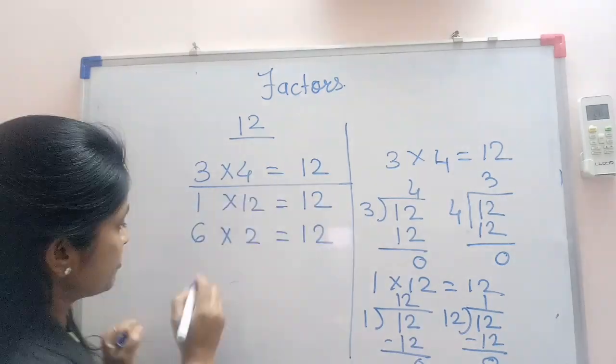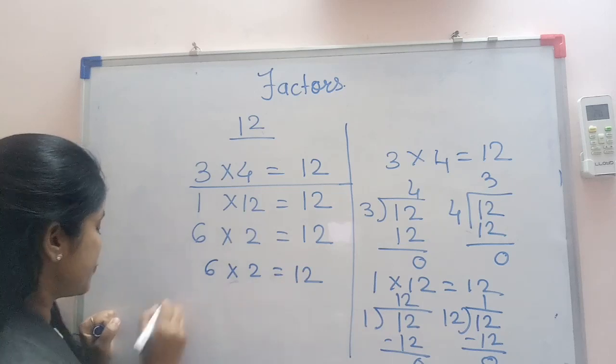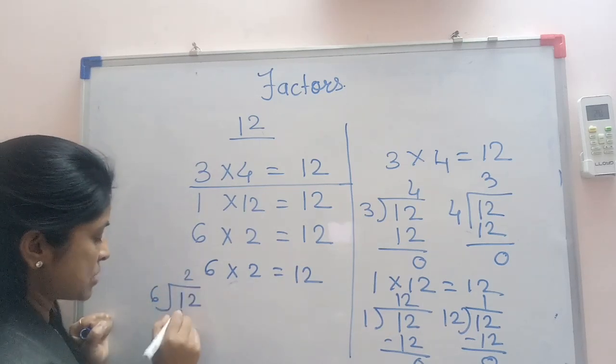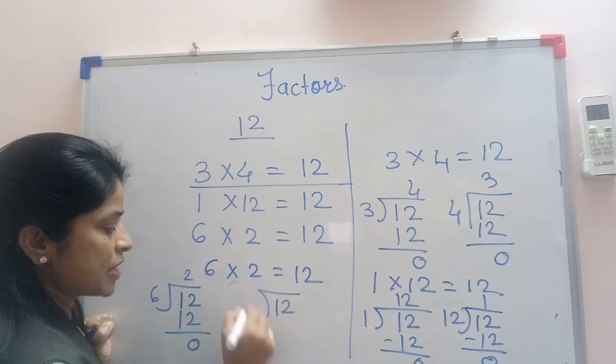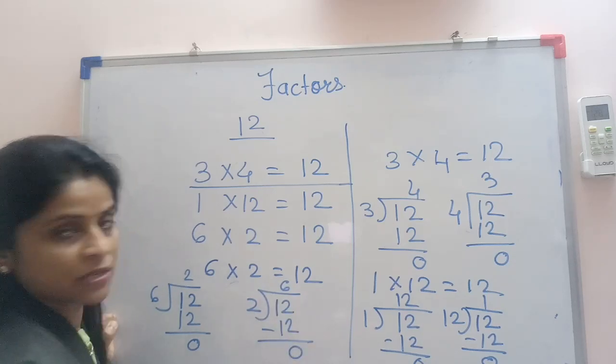Now let's take the third pair, that is 6 multiplied by 2 is 12. If 12 is divided by 6, 6 2s are 12, the remainder is 0. 12 divided by 2, 2 6s are 12, that means the remainder is 0.